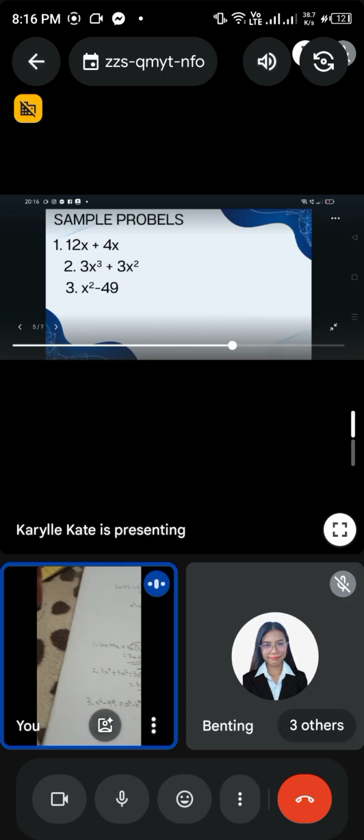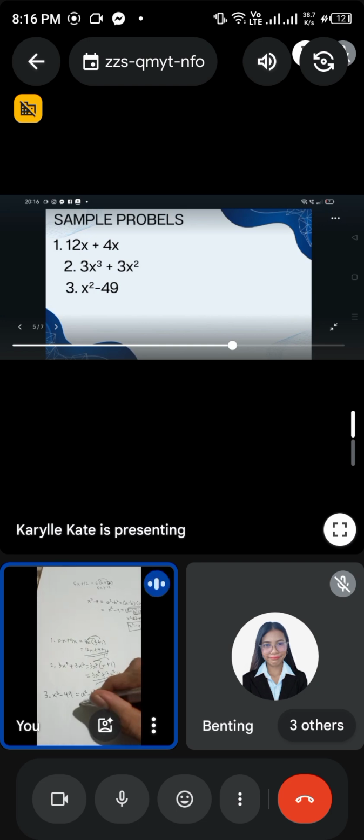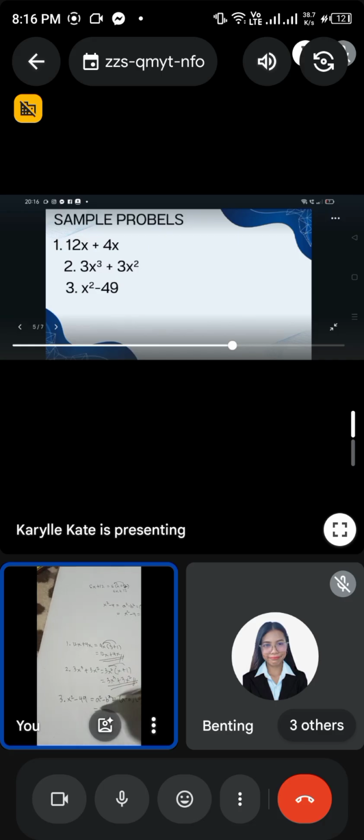What we're going to use here is the sum and difference of two squares. So this will lead us to x minus 7. 49 is a perfect square, and the root is 7, so we're going to use 7, x plus 7.